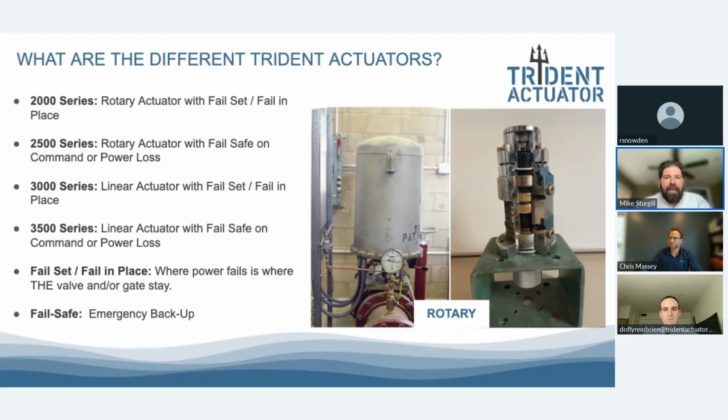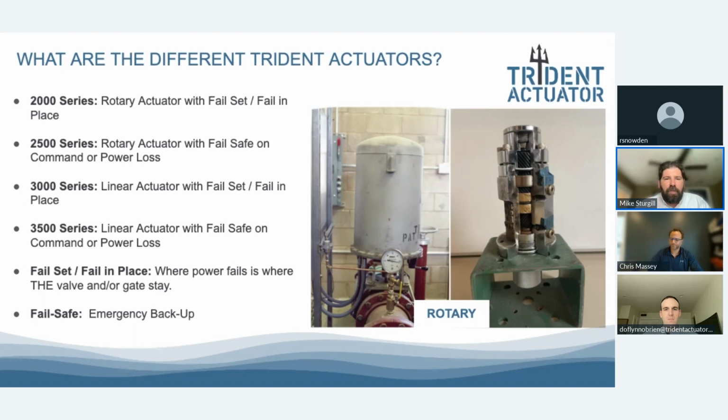That, like I said before, has an accumulator and a hydraulic manifold, and on the loss of power, the actuator will dump the stored energy from the accumulator to close or open the gate or valve, whatever sequence the customer wants. And we can do that as fast or as slow as the customer wants. So just to give you an idea there.